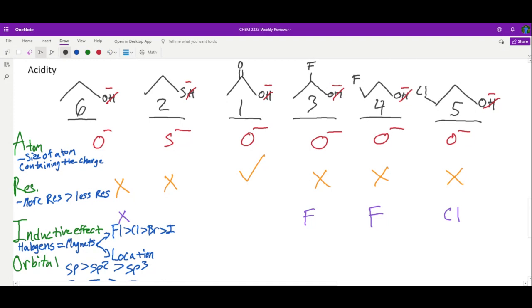I explained how resonance and atom and inductive effect and orbital all affect the acidity of a compound. Okay? I also explained how you have to remove the most acidic hydrogen at the very beginning. And I also explained, I walked you guys through the entire problem.